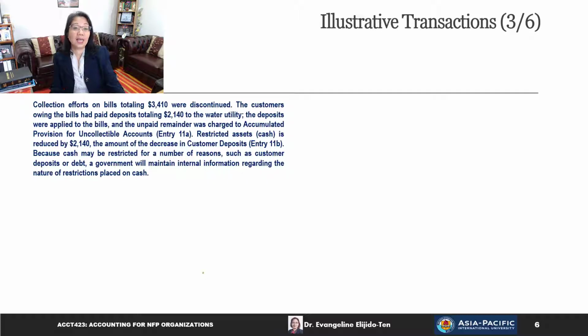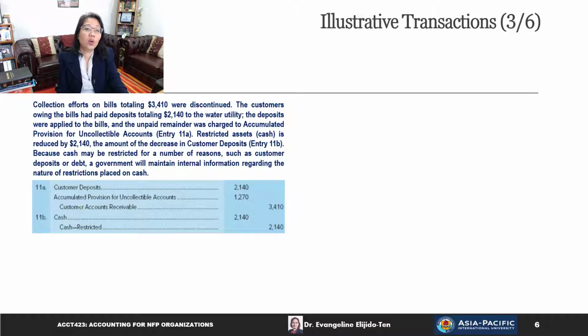And we'll see that in entry 11A, where we have debited customers' deposits for 2,140 and debited also the accumulated provision for uncollectible accounts for the difference between 3,410 and 2,140. All right, so that's 1,270. And we credit now the customer accounts receivable of 3,410. This is the amount of receivable that is being discontinued.